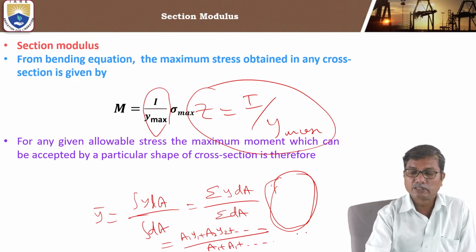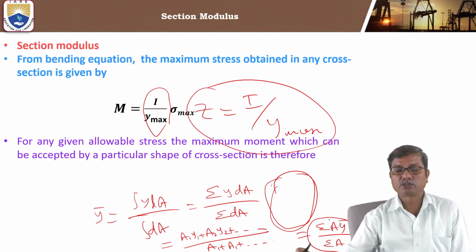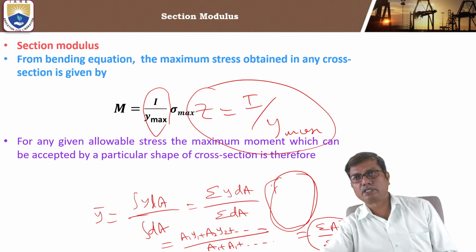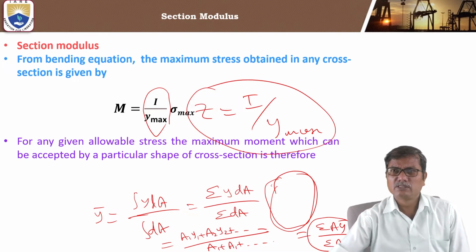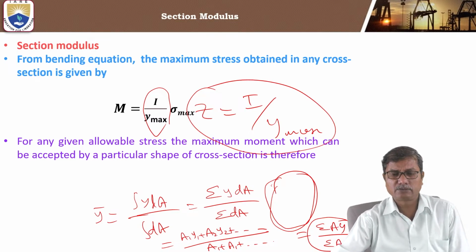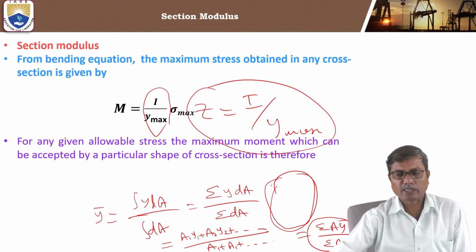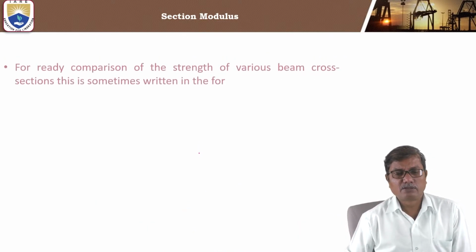That is sigma a y by sigma a. This is the equation that we use for finding the location of the centroid for any given cross section or compound section, which is composed of different areas. We'll see one by one. Is this clear?